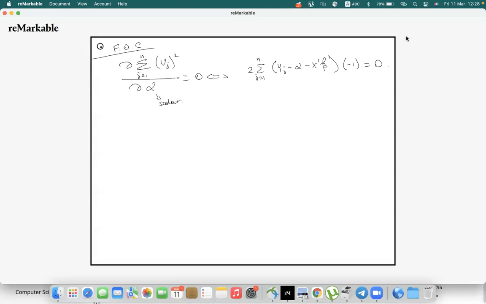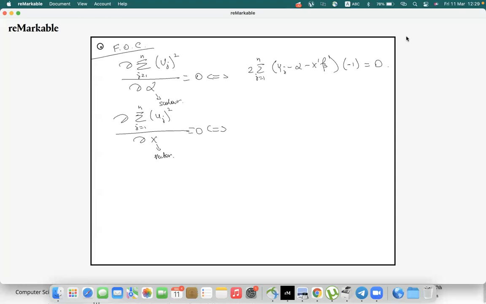And the second one is a bit complicated, because now you are taking the derivative of the scalar with respect to the vector. You see, the x is a vector. And here I will rely on your knowledge of linear algebra.